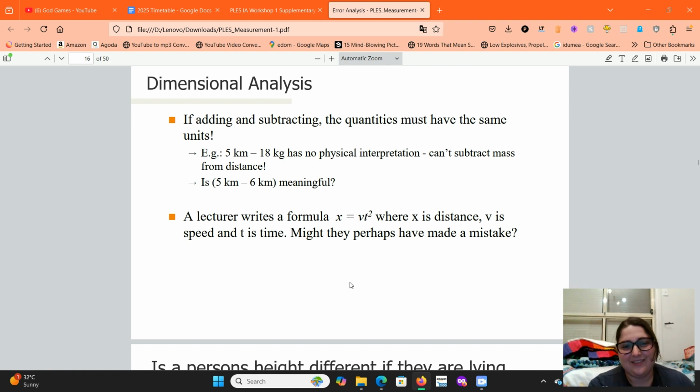If you remember the triangle that you should have learned back in year 10, your distance or displacement is equal to your speed or velocity times time. So x equals vt squared is incorrect. The t should not be squared. It should just be s equals vt.